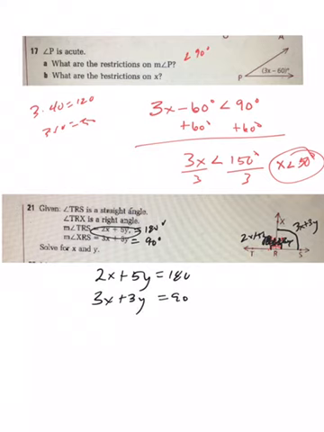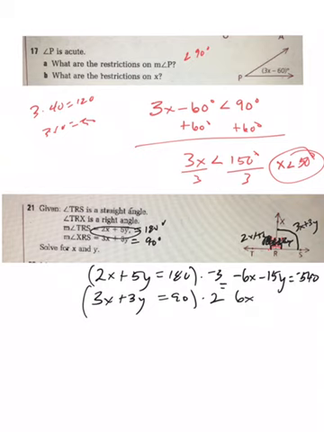I want to use elimination, so I'll probably go after the x's here, times by -3 and +2. And I chose to do -3 and 2 so that they would eliminate, having opposite signs. -6x minus 15y equals 3 times 100 is 300, 3 times 80 is 240, so that gives me -540. 2 times 3x is 6x, 2 times 3y is 6y, 2 times 90 equals 180, and that gives me -9y equals -540 plus 180.